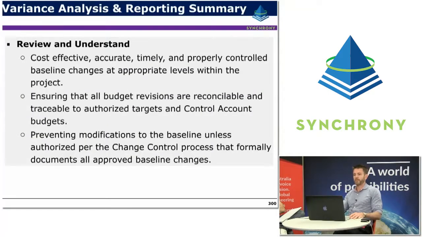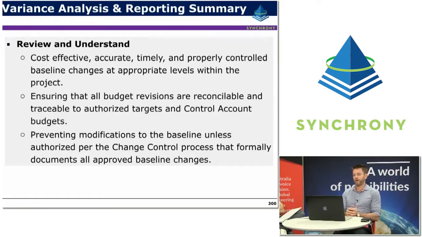So the variance analysis and reporting summary, it's important to review and understand that cost-effective, accurate, timely and properly controlled baseline changes are occurring at the appropriate levels within the project. Ensuring that all budget revisions are reconcilable and traceable back to the authorised budget within the control account budgets.